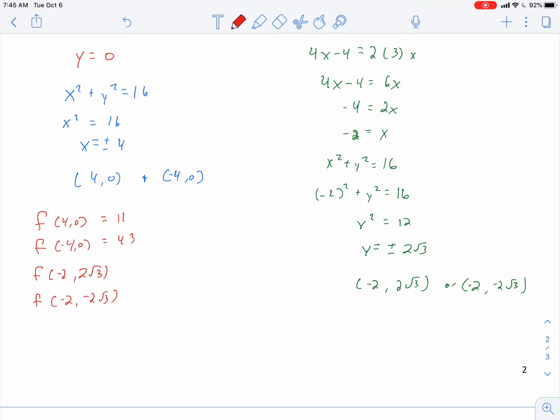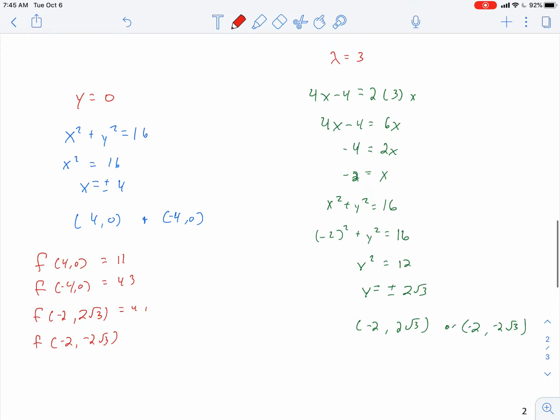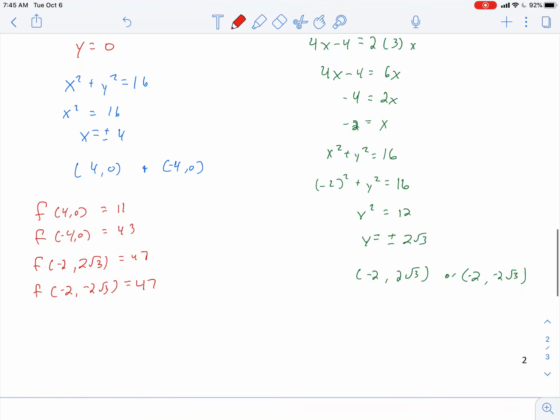When we plug in negative 2, 2 radical 3, we're going to get 47. And then the same thing, I'm going to get 47. So we have a max, and our max is going to be at f of negative 2, plus or minus 2 radical 3, because they both gave us 47.